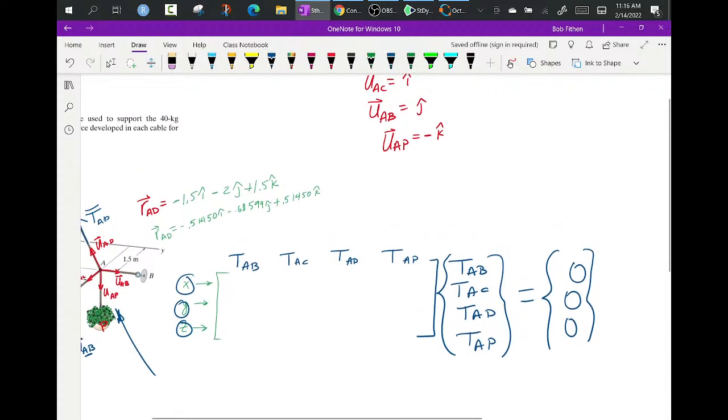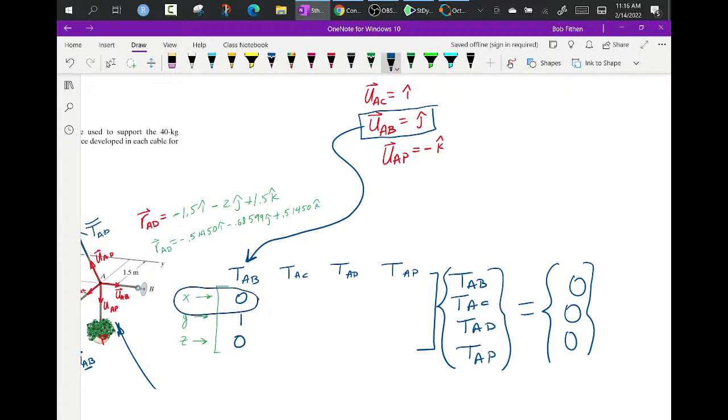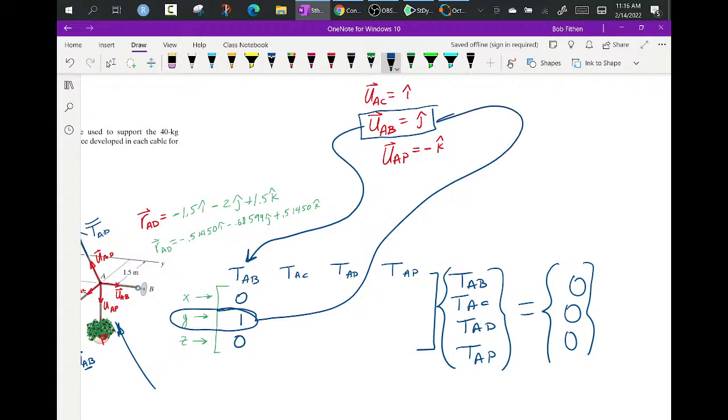So first, let me go get each of these. Yeah, that one goes there. So it looks like that. Again, I'm listing the vector vertically. So here's what I mean. I have no I component here. For the y component, which would be j, I have 1.